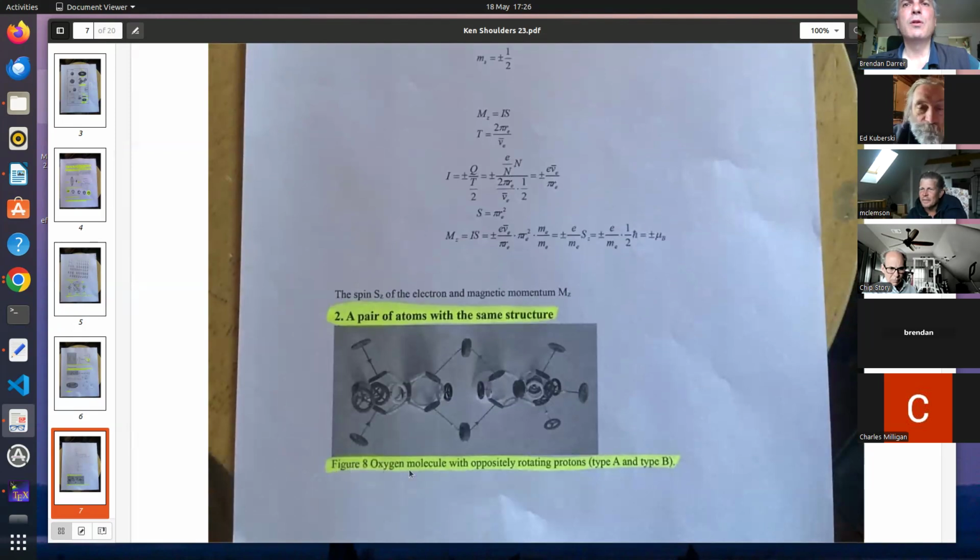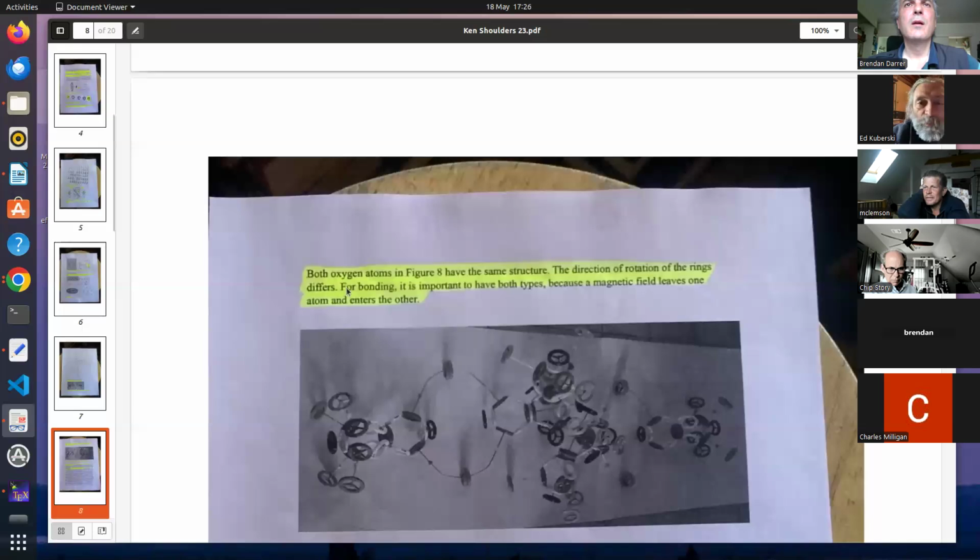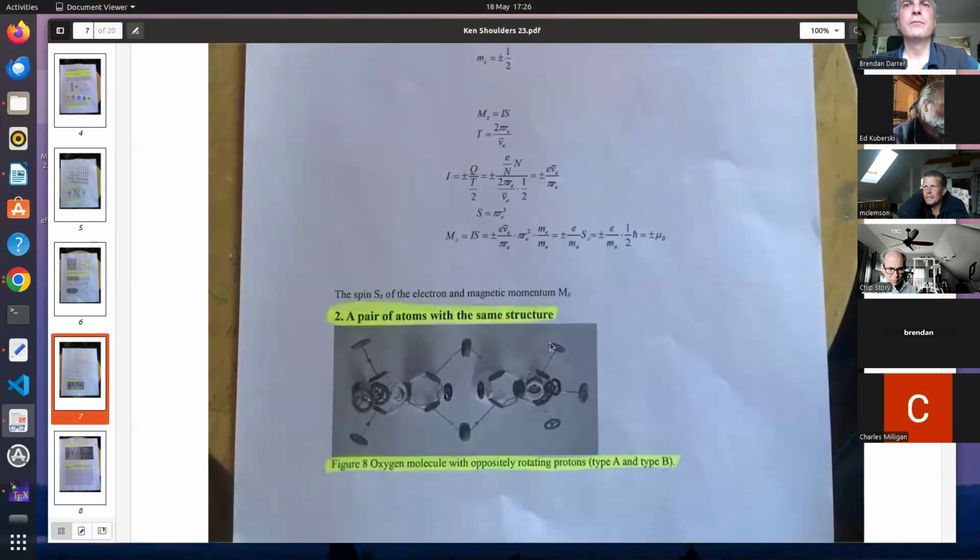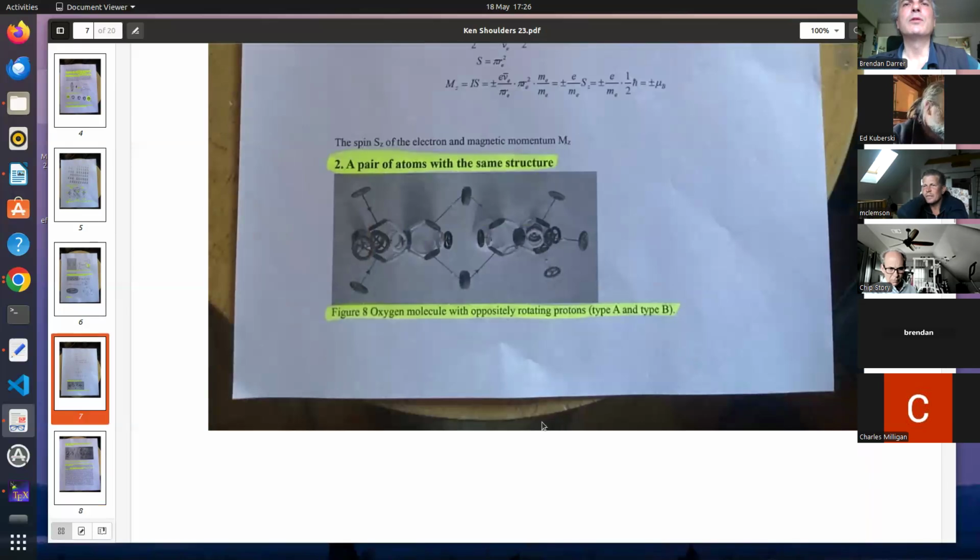Figure 8, oxygen molecule with oppositely rotating protons, type A and type B. Both oxygen atoms in figure 8 have the same structure. Those two oxygen atoms make an oxygen molecule.